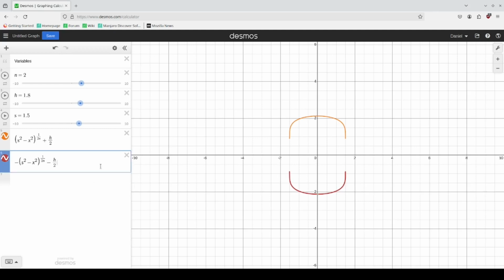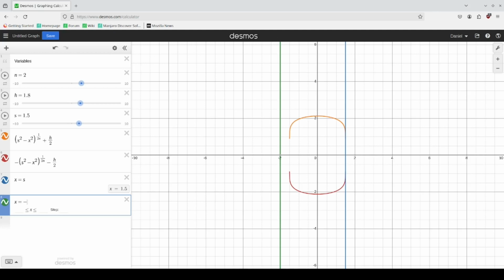And so if we did x equals, that's going to give us all the y values on here. And so if we did s here, and then we go minus s, you see that now we have lines that are connected.